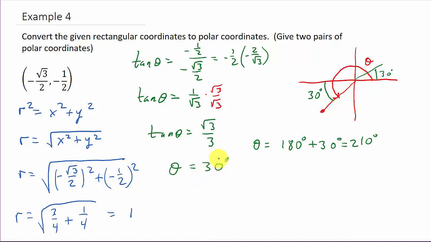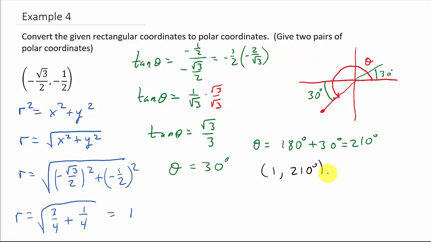Once you get 30 degrees, you see that it's a first quadrant angle, and it's also our reference angle. So we've got to do 180 plus the reference angle. As our solution, we get r is 1 and theta is 210 degrees.